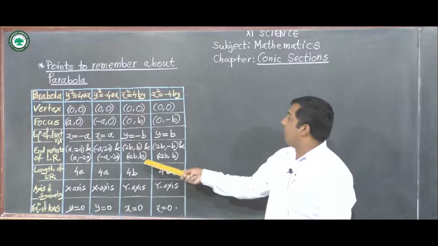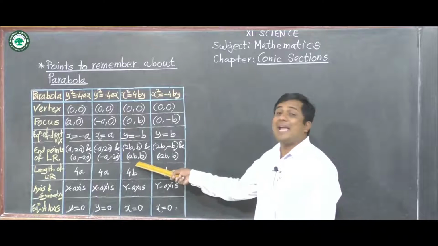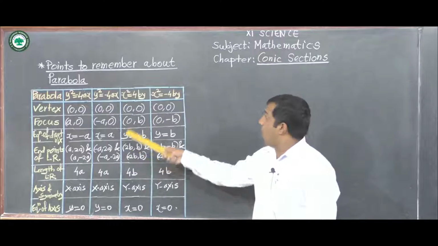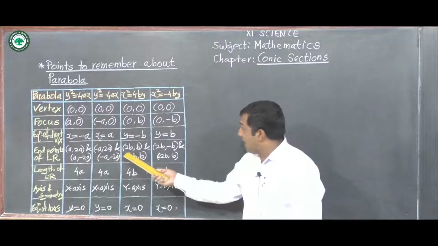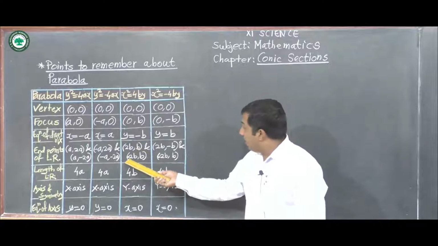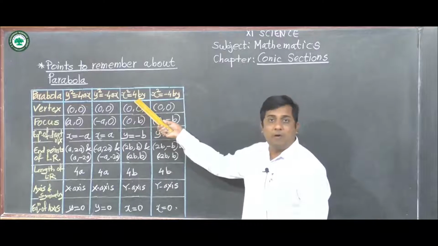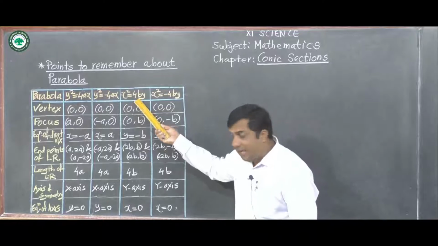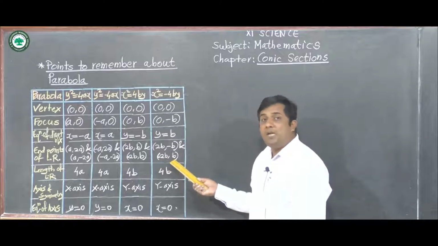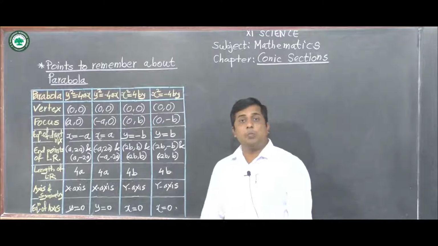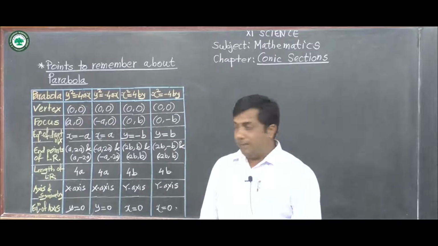Then again we define the endpoints, that is L and L dash. For x square is equal to 4by, the endpoints are (2b, b) and (minus 2b, b), and for x square is equal to minus 4by, they are (2b, minus b) and (minus 2b, minus b).